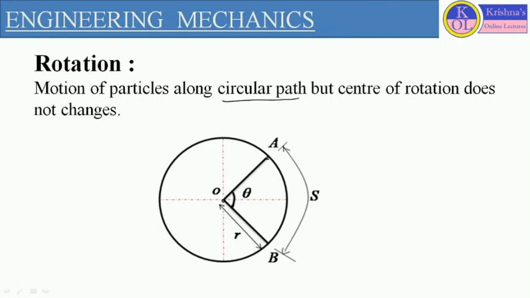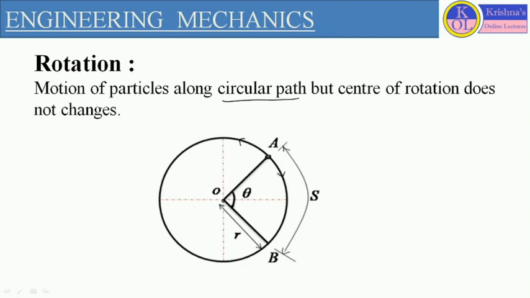Now let us consider one point A. A is the initial position of the particle, and the particle is going to start from this particular position A. This particle can move in a clockwise direction or in an anti-clockwise direction. Let us consider the particle is moving in a clockwise direction.